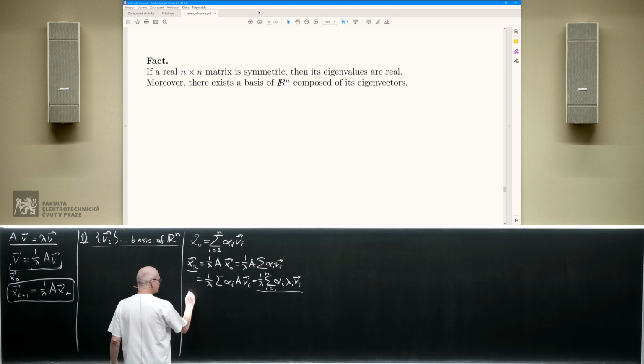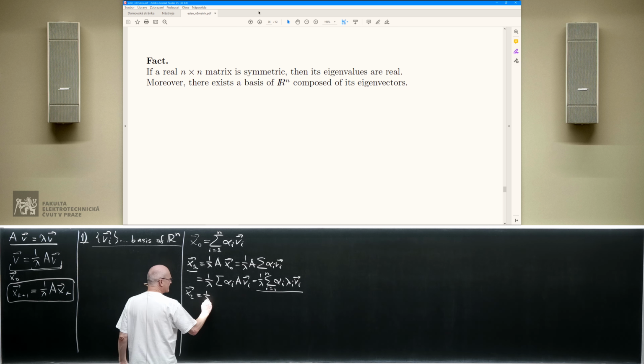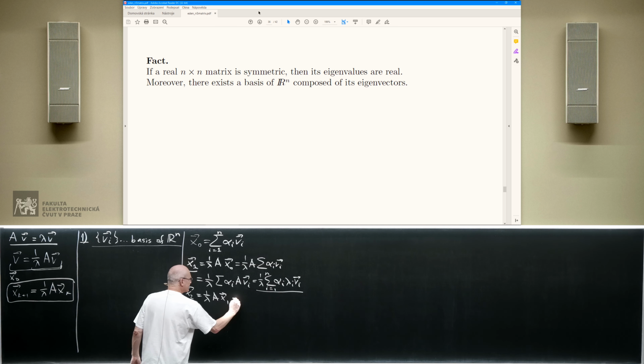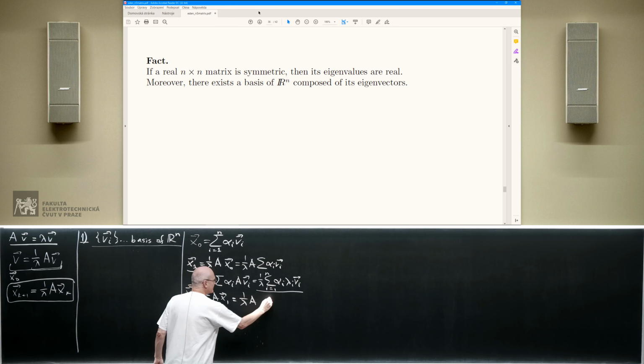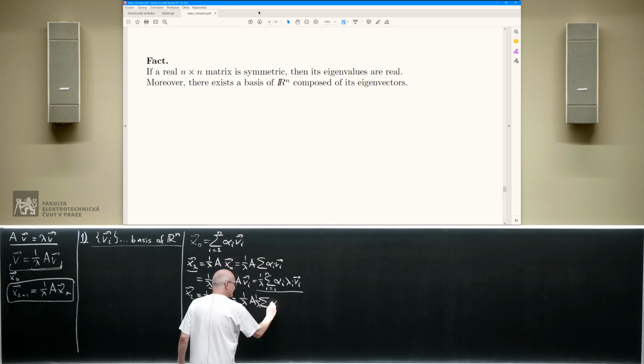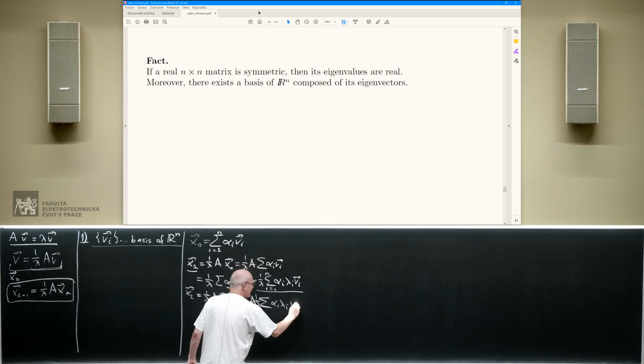Let's try x2. Well, x2 is 1 over lambda A x1. Now we substitute. I forgot 1 over lambda. Okay, got too hasty. Alpha i, lambda i, Vi.